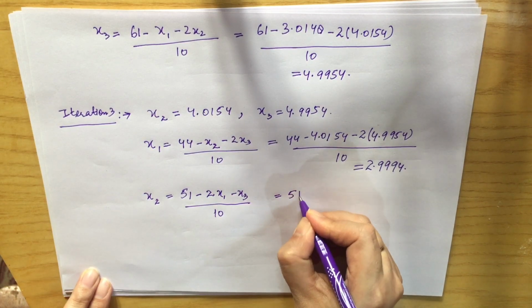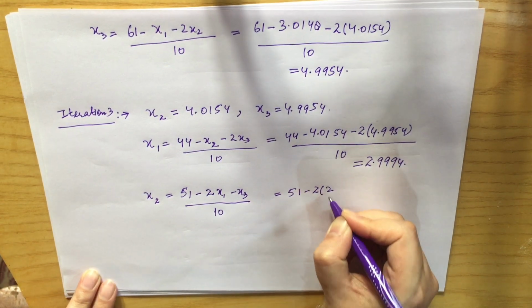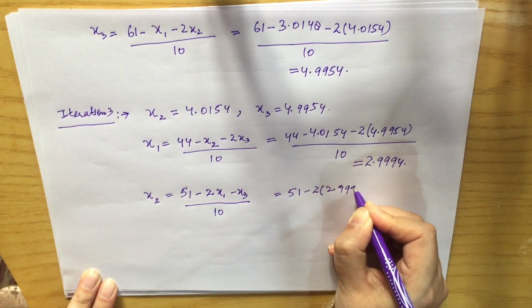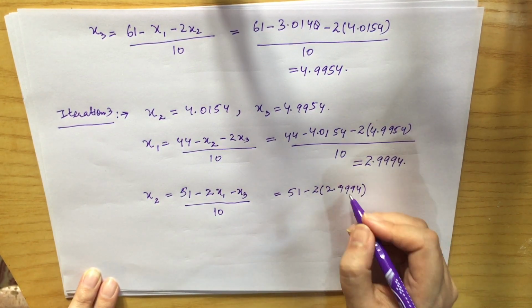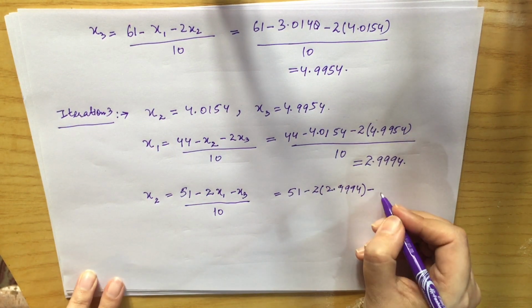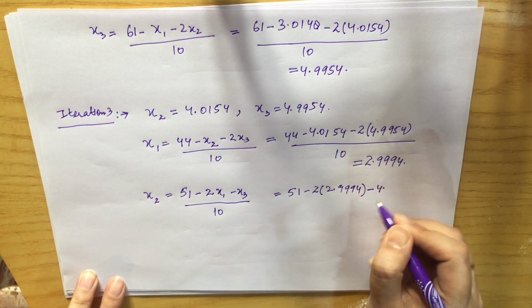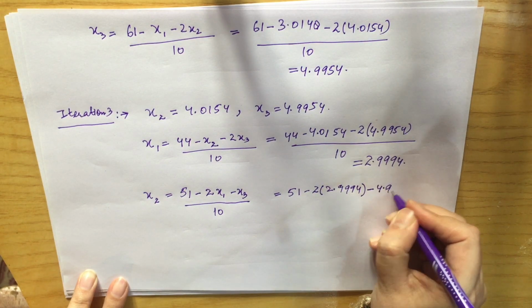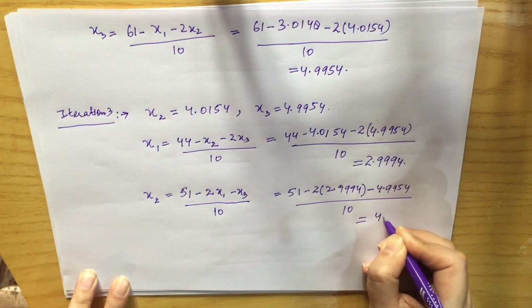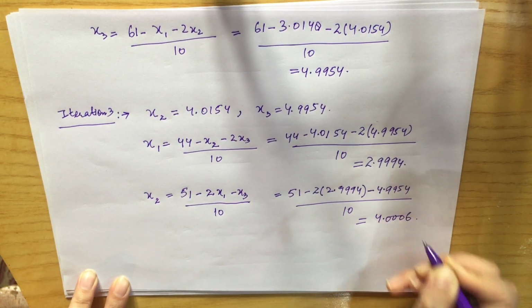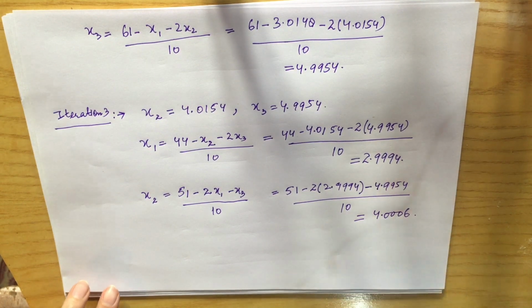It will be equivalent to (51 minus 2 multiplied by 2.9994, which we got just now in this iteration, minus the value of x3, 4.9954) whole divided by 10. If you calculate it, it will come as 4.0006. So our x2 value is 4.0006.